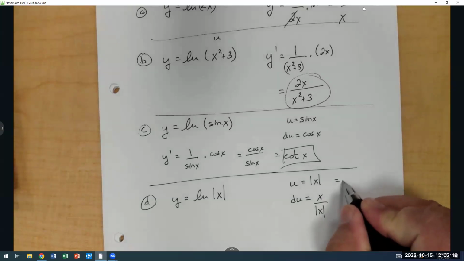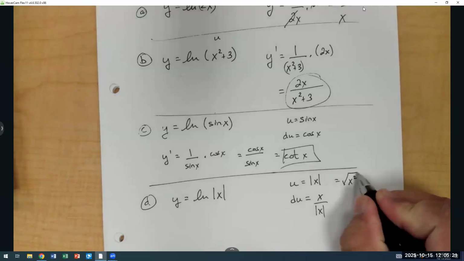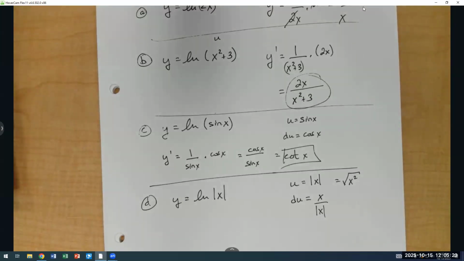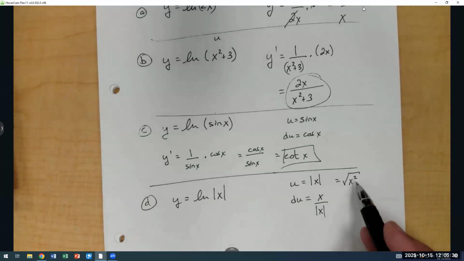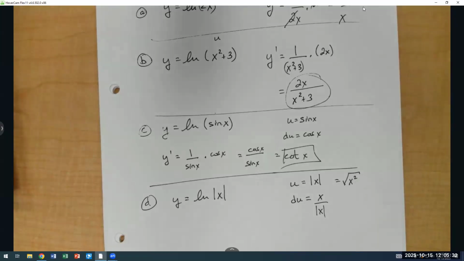Why? Because the formula we used was this one, and we took a derivative of this one using the chain rule. Anybody want me to go over that again? Okay.